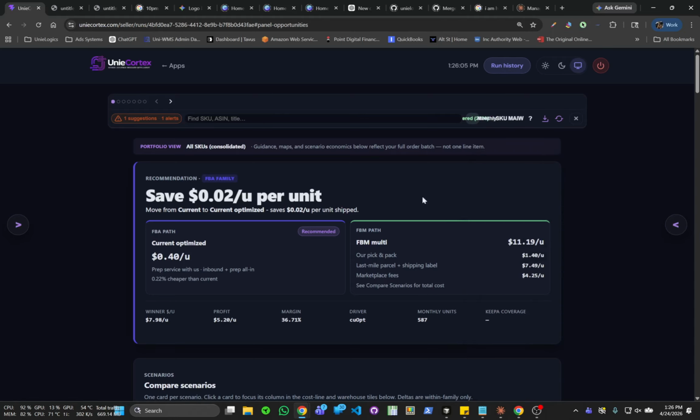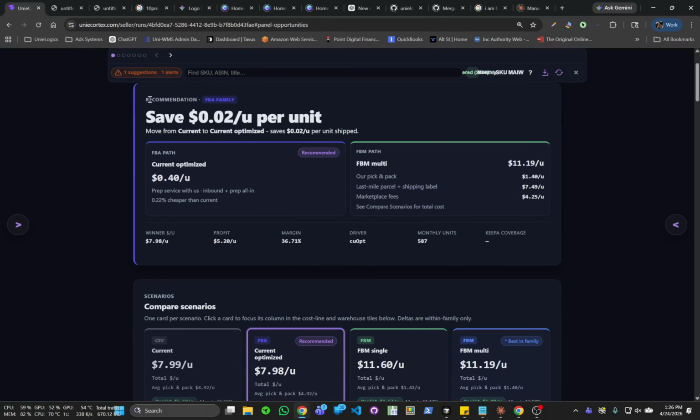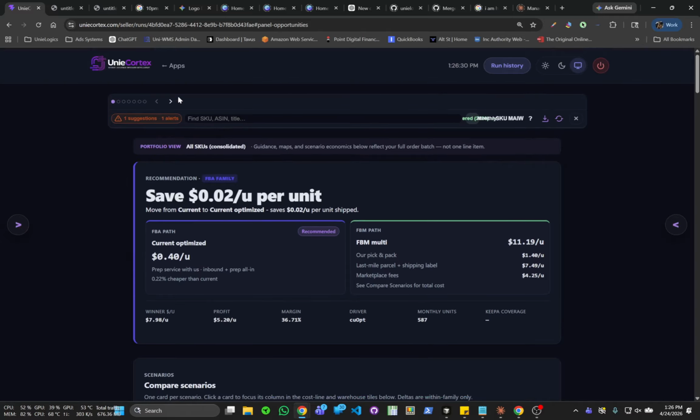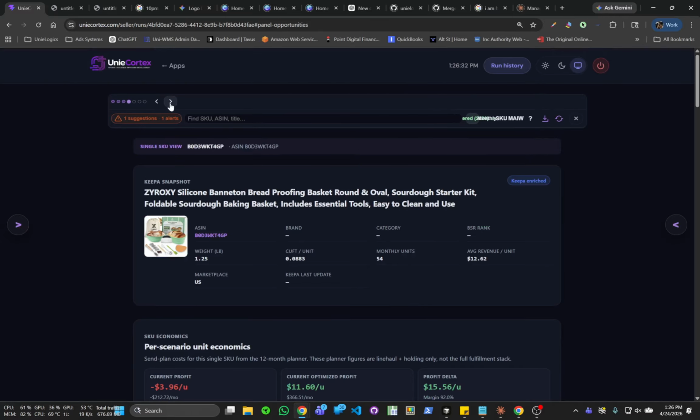Now we have breakdowns of the FBA family. We can handle that currently for 40 cents based on data from our warehouses. And then if we move them into the FBM structure, the multi-warehouse optimization is breaking down how we're able to handle inventory for them, taking into consideration that there are 6 products, right?